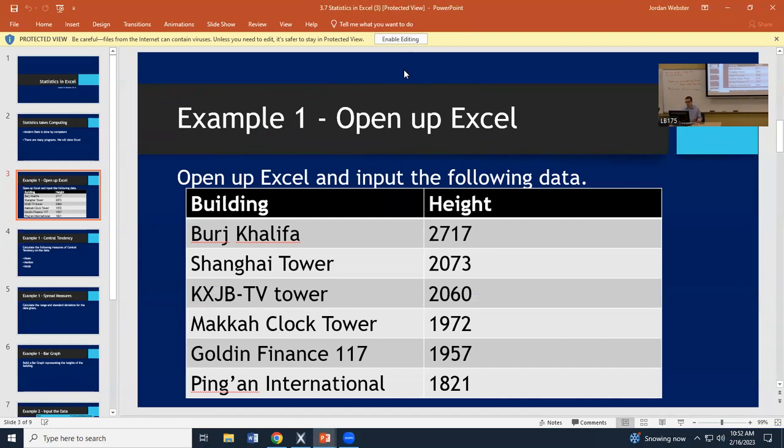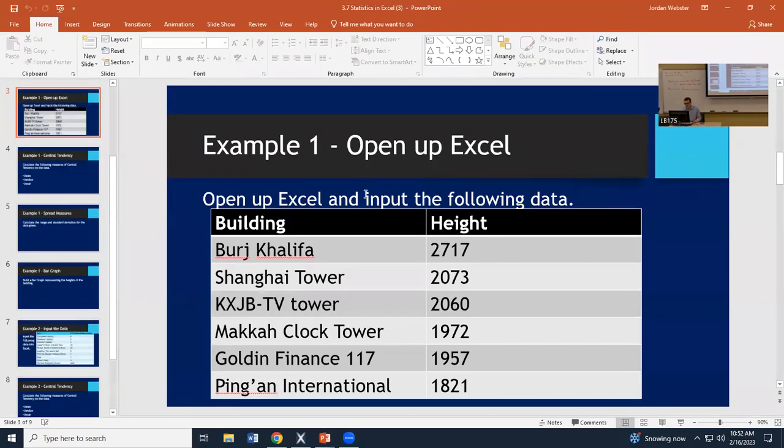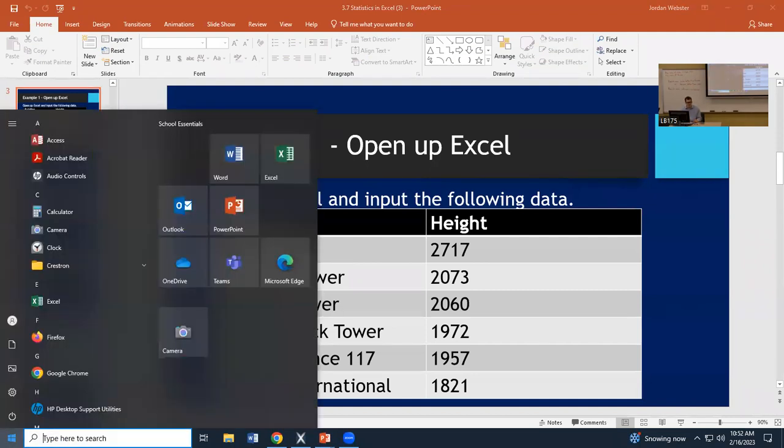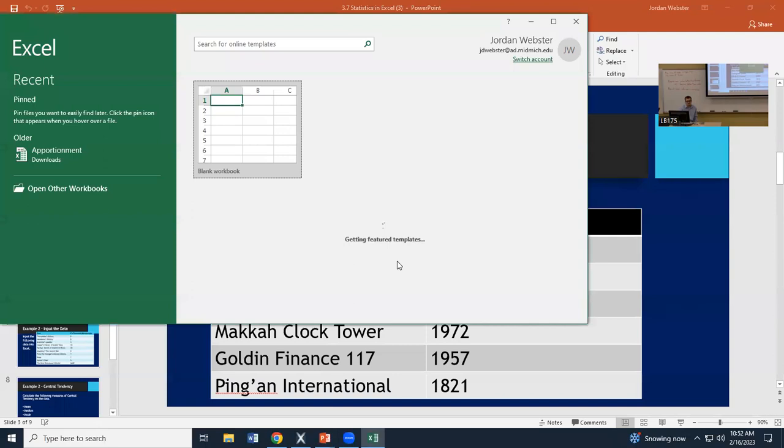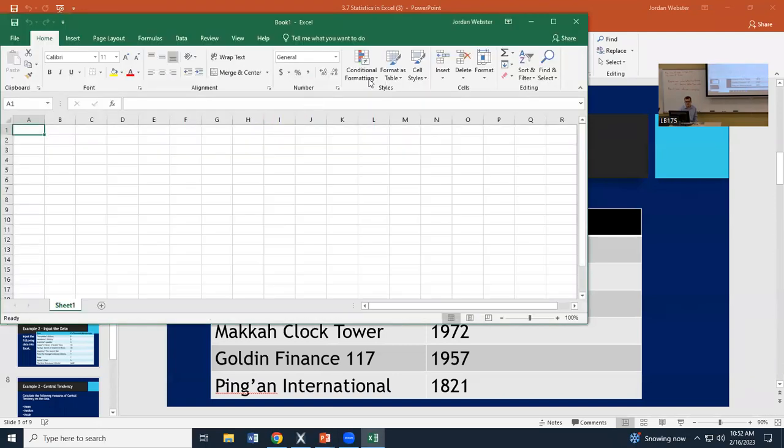Let me show you a way to deal with this in Excel. So first off, if you're dealing with Microsoft, you just hit the little window key, and then you go to Excel, click on that. We'll go a blank workbook.